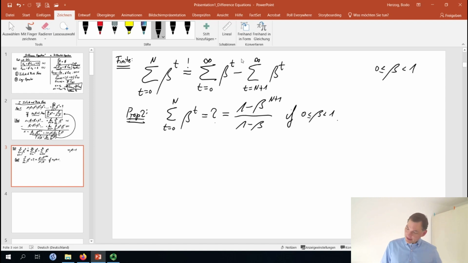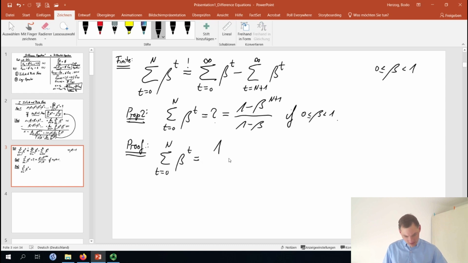Okay, if this is the case, how can we show that proposition 2 is correct? Well, that is again very basic now, because we know the first term of this sum. Let me say, this is what we want to understand. It's a finite sum, but written with infinite sums, and we know this infinite sum is 1 over 1 minus beta. That is what we know for sure.